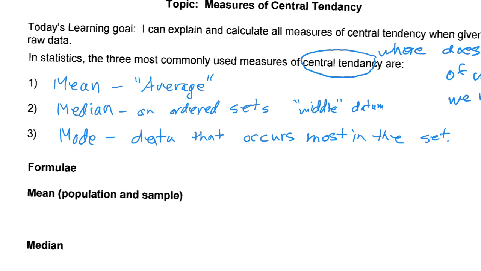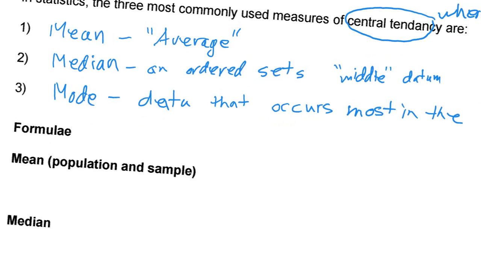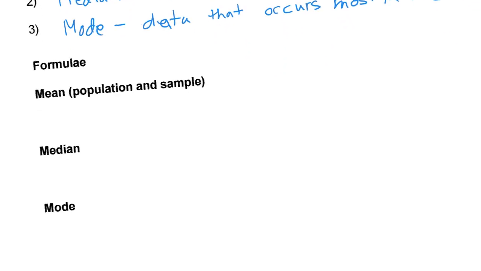All right, so let's go and focus on the formulas for all of these topics: the mean, the median, and the mode. So there are different kinds of mean, okay? There is a mean for a population and a mean for a sample. When you talk about the population of something, we're talking about everyone in the group.